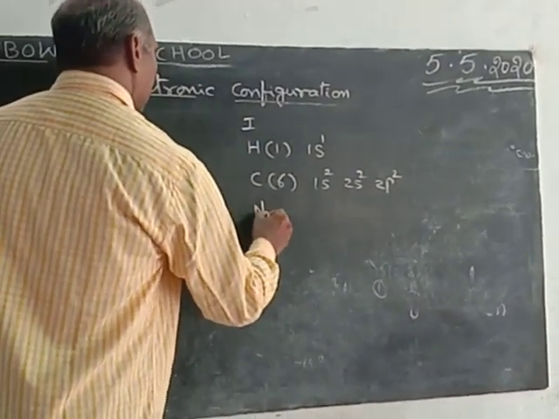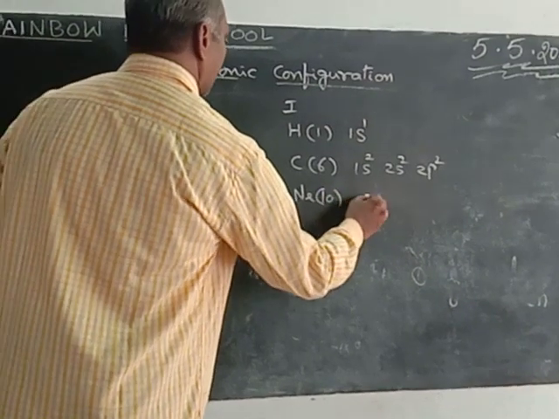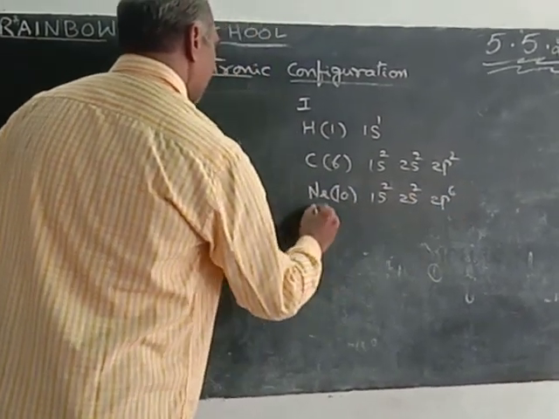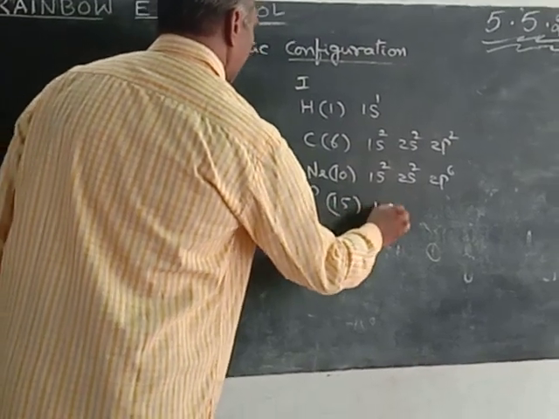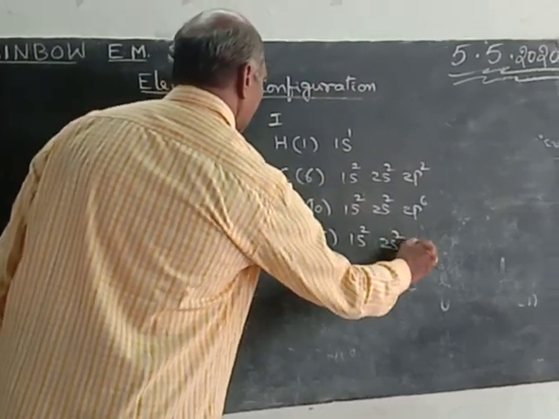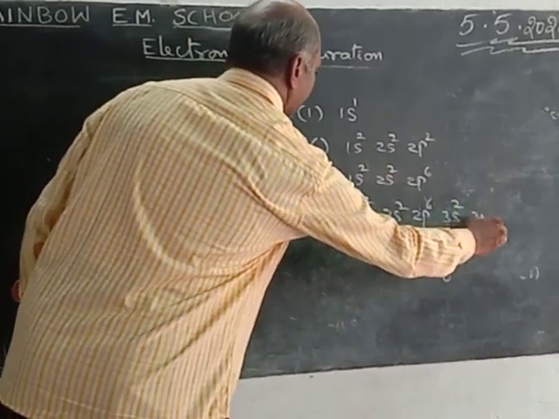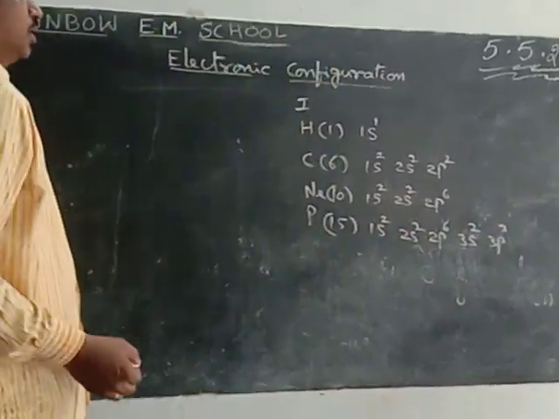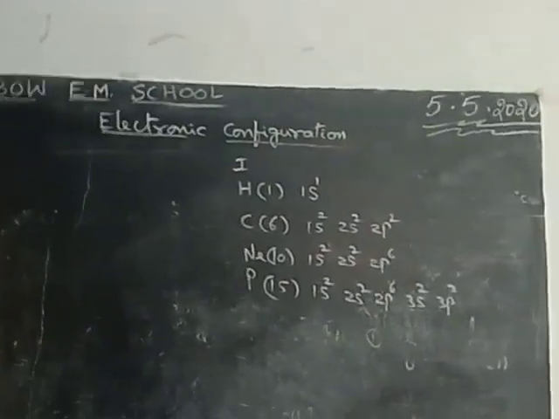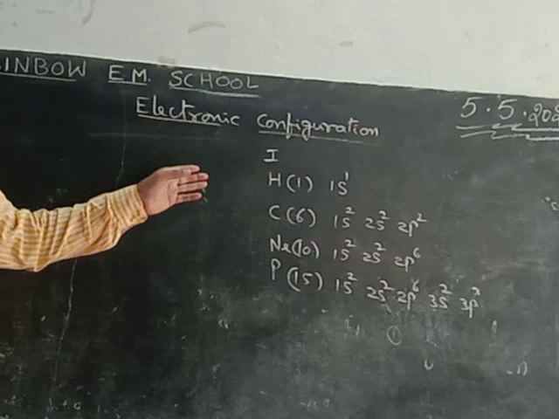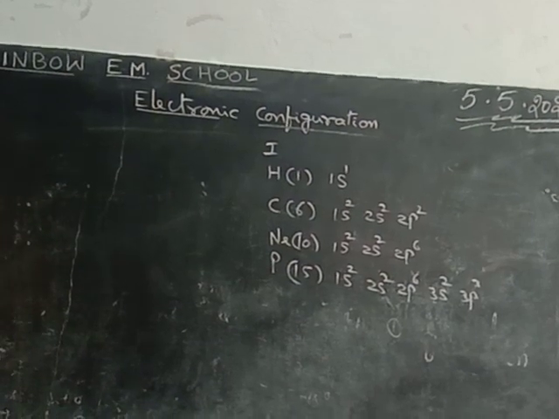Suppose neon, atomic number 10: 1s2, 2s2, 2p6. Phosphorus 15: 1s2, 2s2, 2p6, 3s2, 3p3.